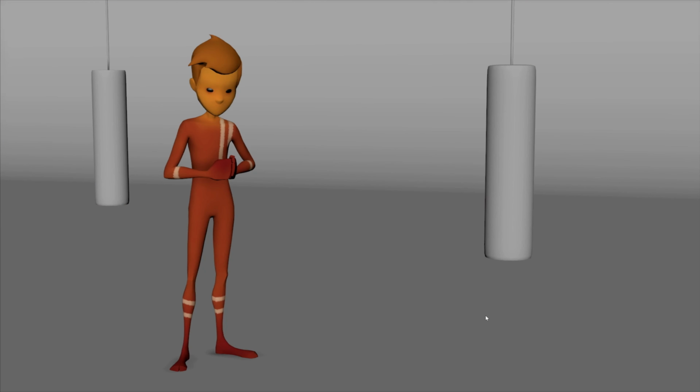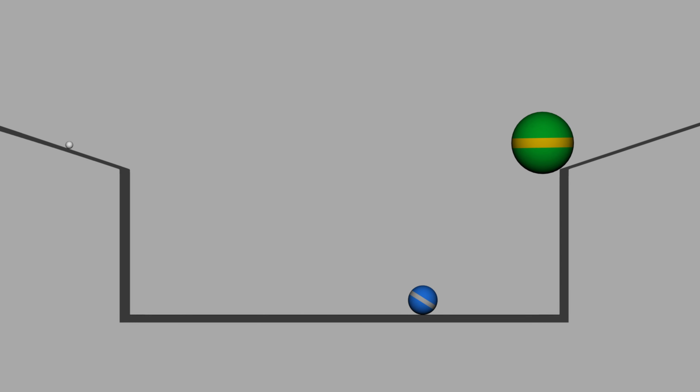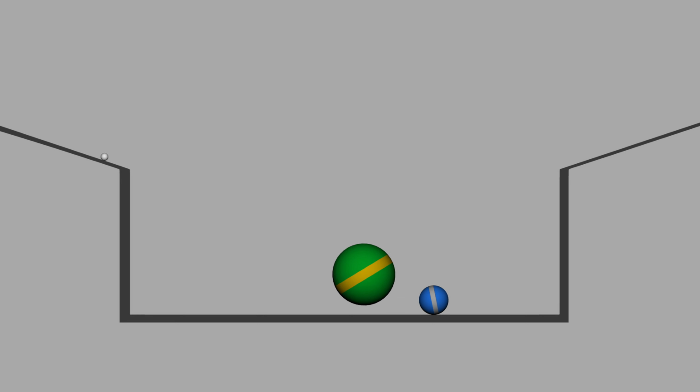So the best way to describe timing and spacing is of course the bouncing ball exercise. What is especially important is to do several bouncing balls in one shot, so you can see the effects of varying timing and spacing, and by that manipulate the weight of the ball and other characteristics of the balls. So this is very important.